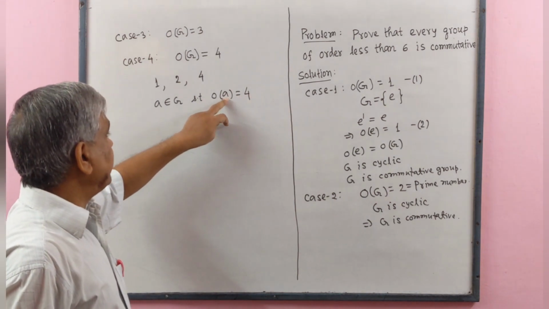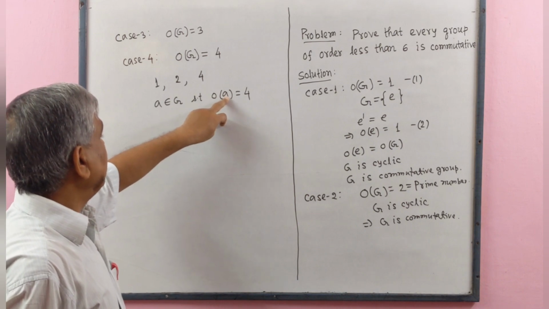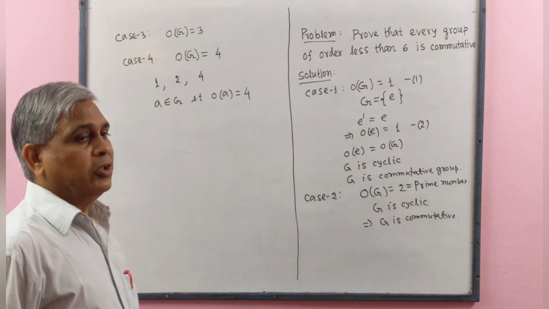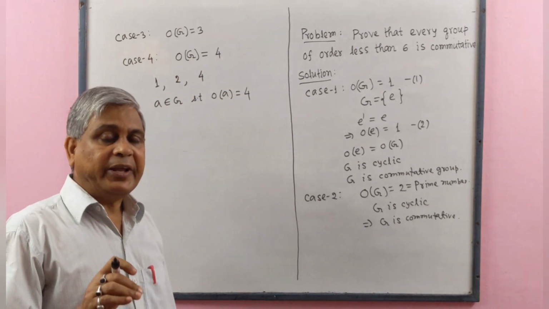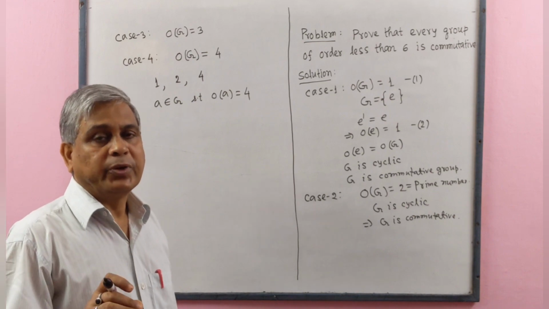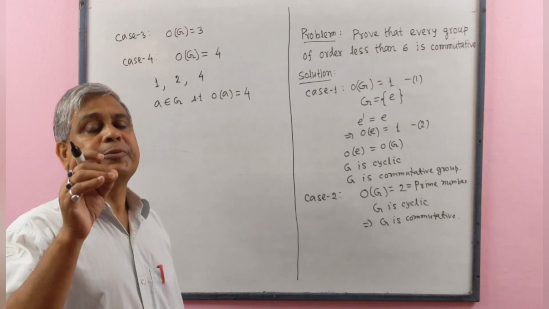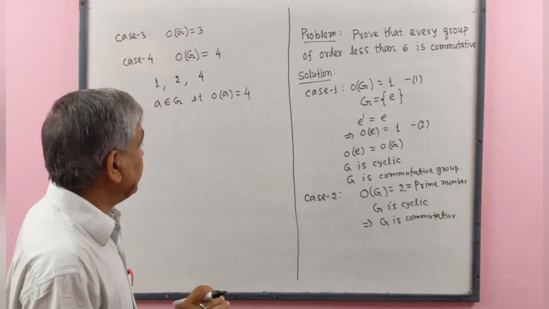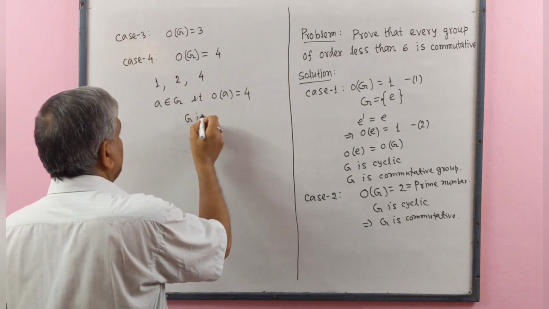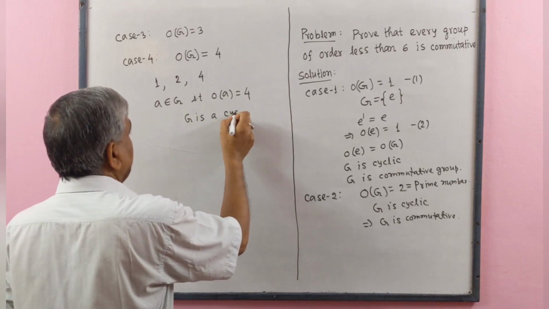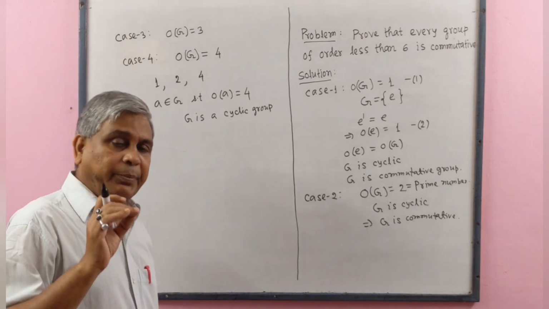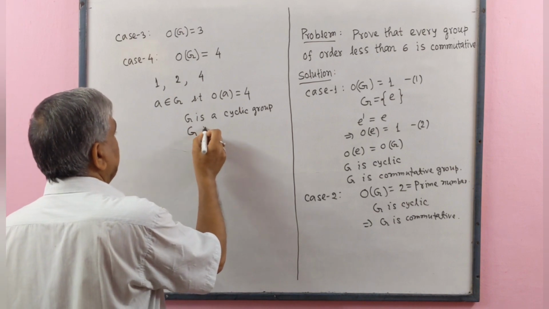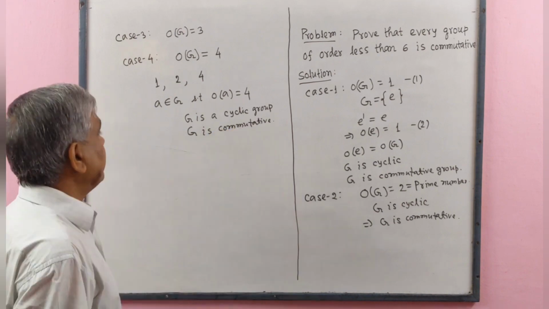Therefore, order of element a equal to order of the group G. When order of an element of a group is equal to order of the group, then group is said to be a cyclic group. Therefore, G is a cyclic group, and we know that every cyclic group is commutative. Therefore, G is commutative.